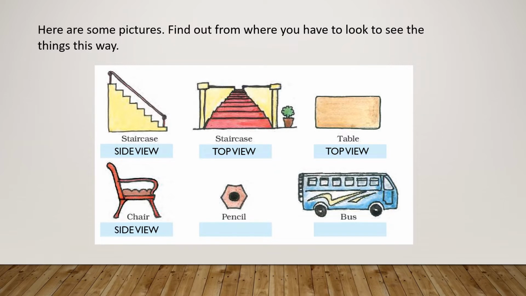Fourth has a side view. Fifth again is the top view. And the last, which is the bus, is the side view. Here we can see that the first and second pictures both are staircases, but the only difference is in the view of them.